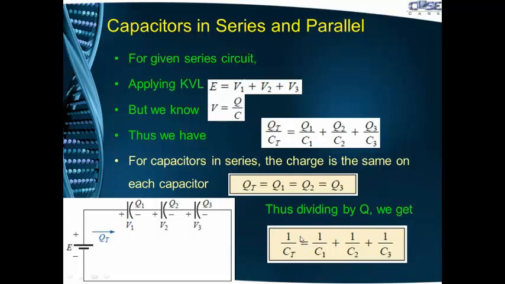So the total capacitance of the series circuit would be the reciprocal of the sum of the reciprocals of all the capacitances.